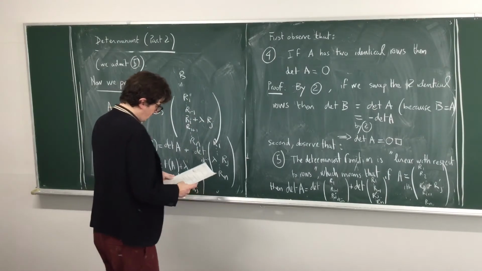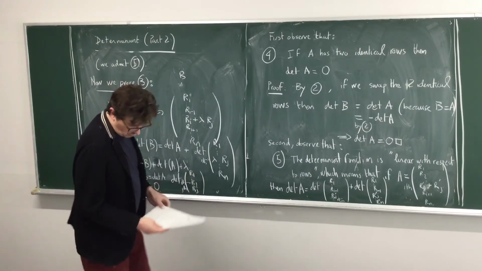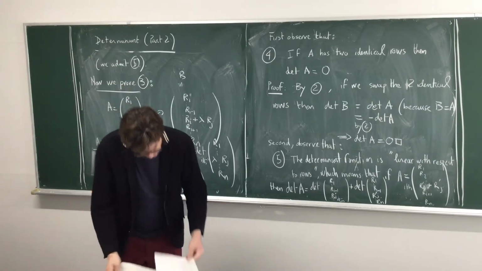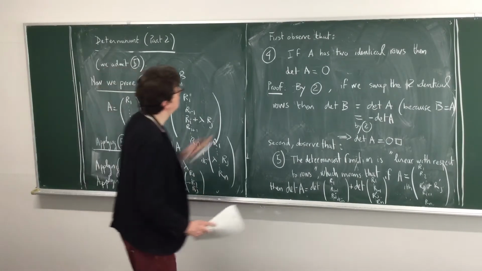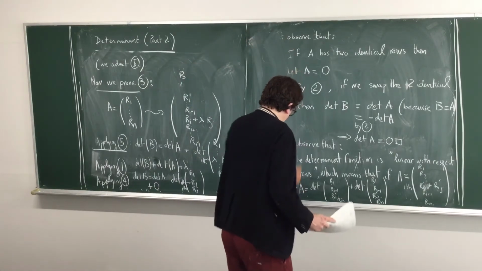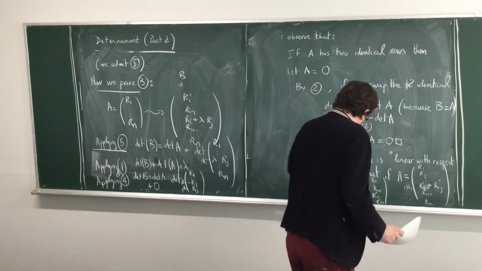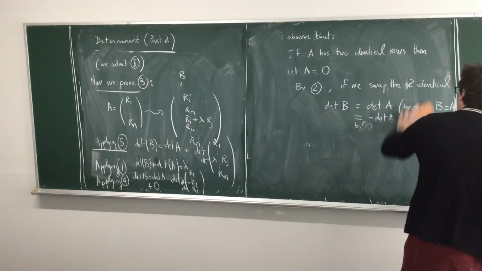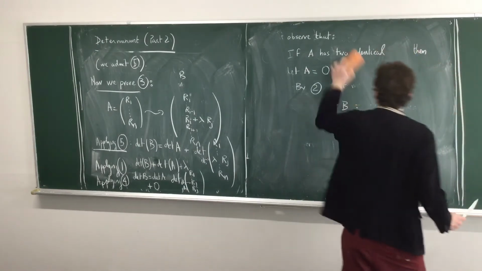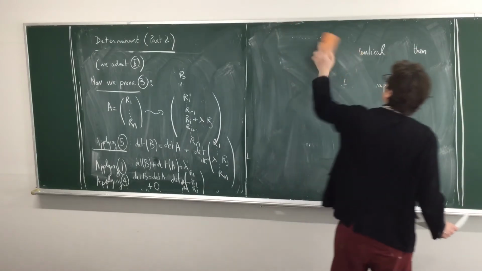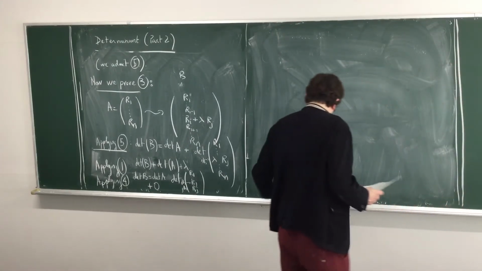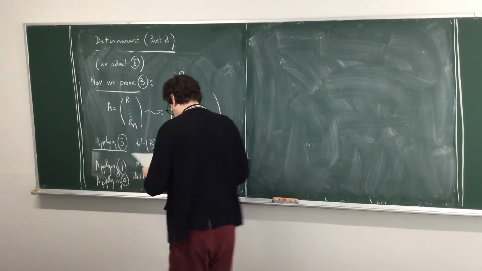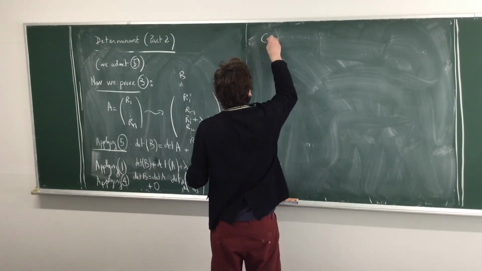Okay, now let's have a corollary of our theorem. So now we know how a determinant behaves when we apply one of the elementary row operations. Corollary.